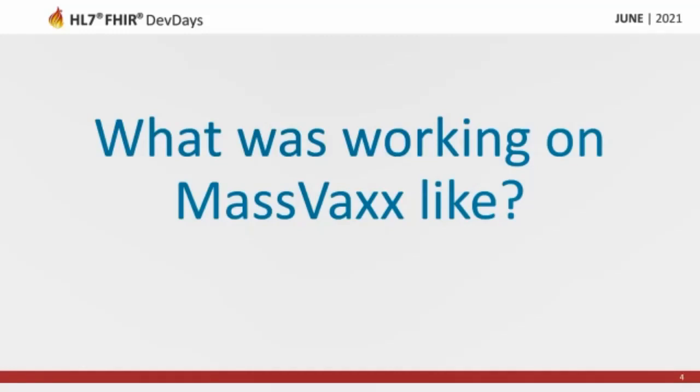But what was it like working on MassVaxx? It was my first time working on an open source project. The flexibility of the schedules of everyone involved took a bit of getting used to. Thinking back, we tried to run the project as a work project would have been run, with Jira tickets and a Jira board and sprints and everything like that.